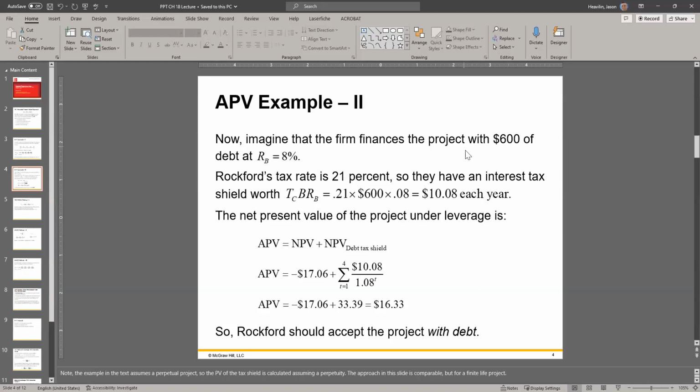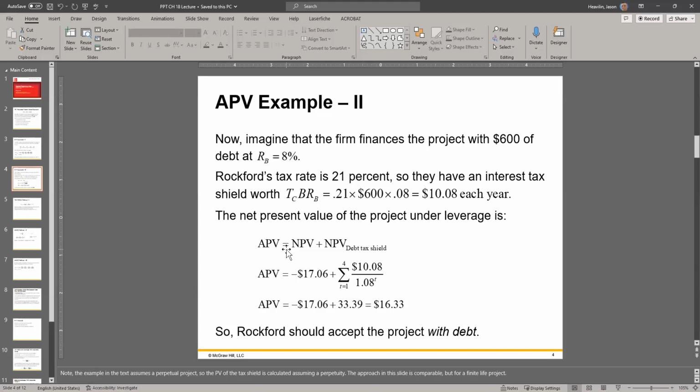When you apply the tax shield, you keep using the $600, because you're looking for a dollar amount so you can do a discounted calculation later. You take the tax rate, 21%, times the dollar amount you're going to borrow, times the cost of debt, which is 8% in this case. That means there's a cash flow of $10.08 each year produced by the tax shield of debt.